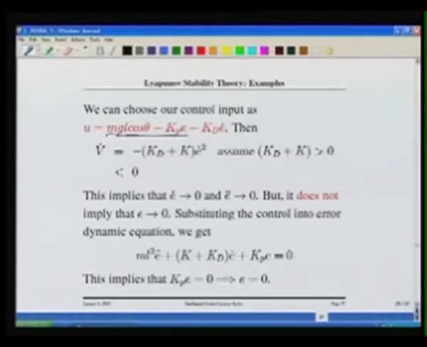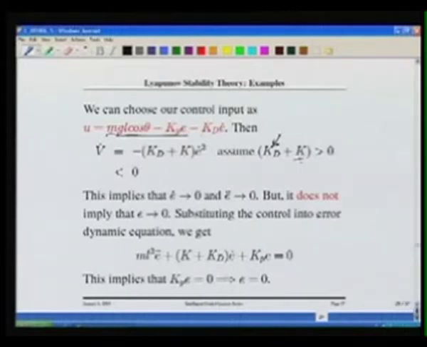By doing that, V dot becomes minus (k d plus k) E dot square. Hope you are very clear about this. And obviously, why? Because the initial k may be positive or negative. Now, k d is my extra parameter I provided, even if k may be a very small quantity.